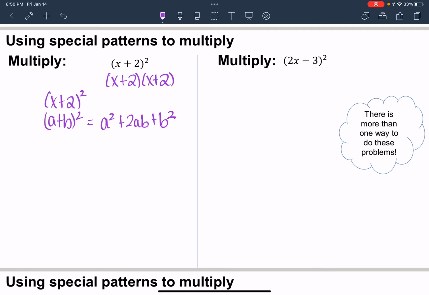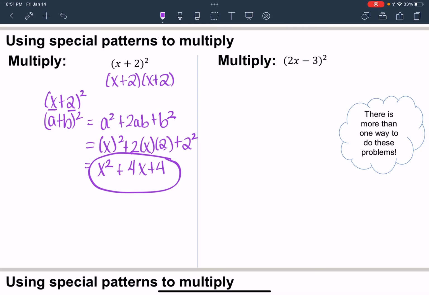I call the first term a, and the second term I call b. When I plug it into this formula, this is x squared plus 2 times x times 2 plus 2 squared. Now I just need to use my exponent rules to simplify this. So x squared plus 2 times 2 is 4, so I have 4x, and then plus 4. You should get the same answer if you do this using the box method. You can check that on your own.